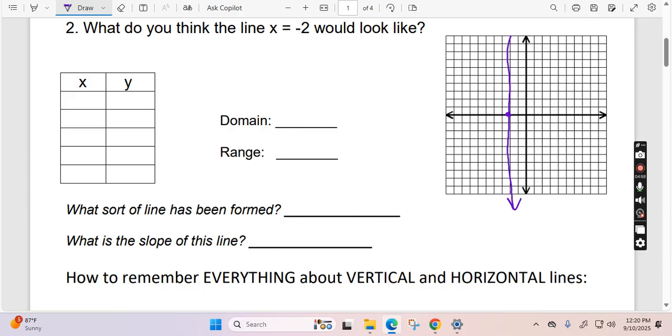Right, and it's going to extend forever, right? Okay, so are my x values going to be different or the same? They're all going to be the same, right? And they're all going to be what? Negative 2. Okay? What about my y values? They're going to be different, okay? So can I choose any y value that I want? Okay? So let's go with 0, 1, 2, 3, and 4.